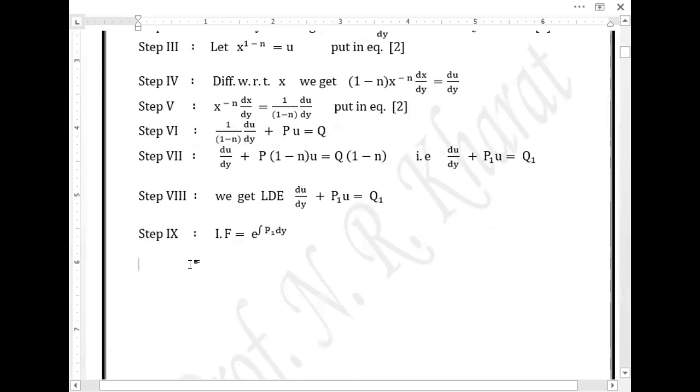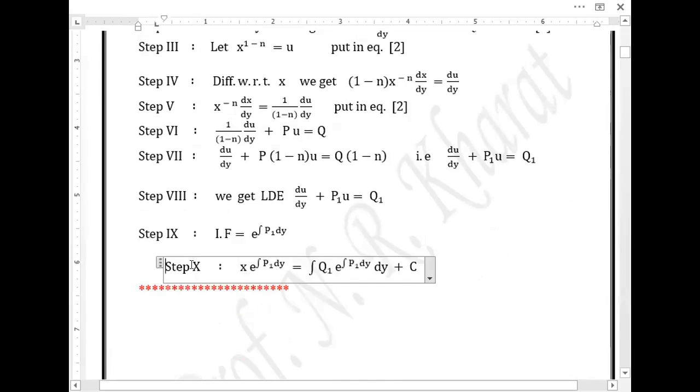And lastly, we find the solution in terms of u and replace the value of u in terms of x.